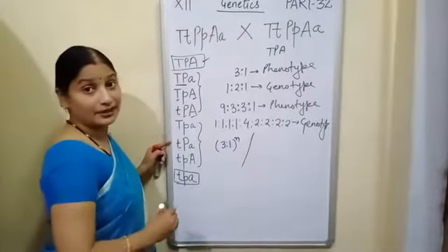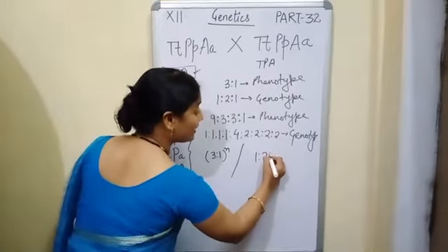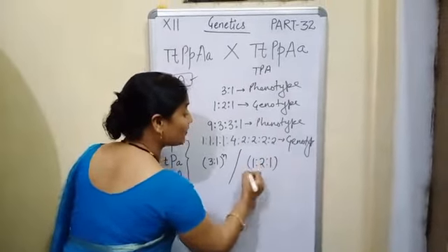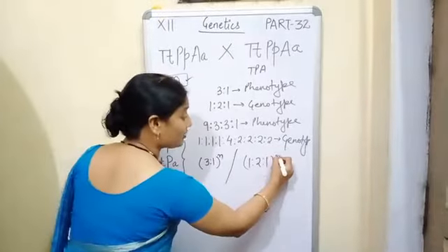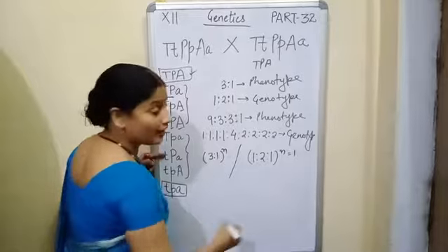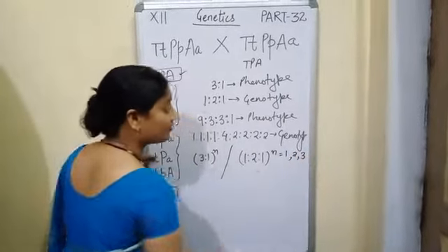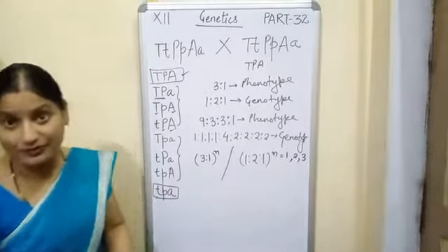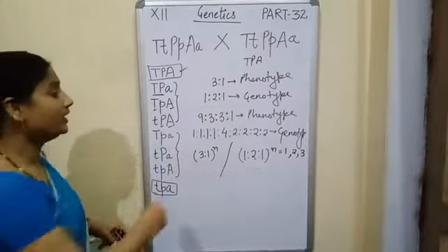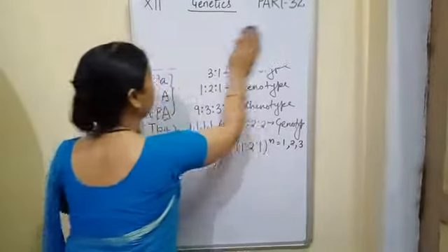Same with genotype. What is the ratio of genotype in case of monohybrid? 1:2:1. Here you write down N. Now N can be 1 for monohybrid, 2 for dihybrid and 3 for trihybrid. Now using this formula, I'll draw the phenotypic and genotypic ratio.